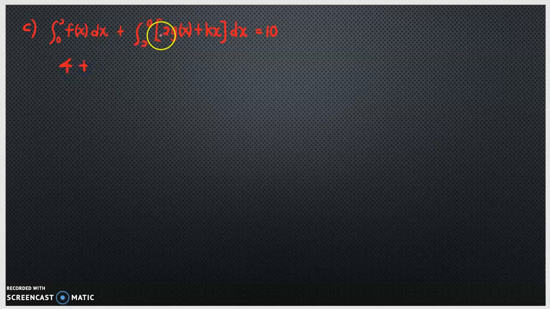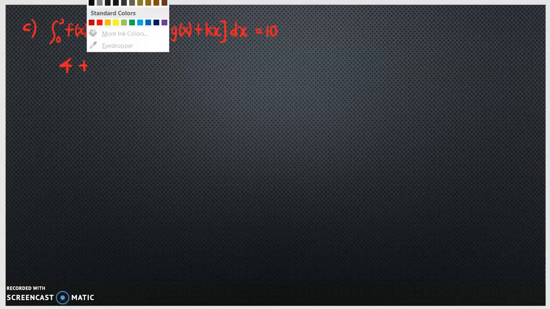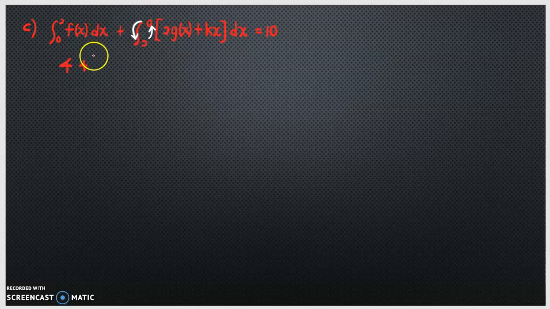Plus, next, I will interchange this value. So what I need to do is, now here will become negative. Integrate from 0 to 2 for a function 2g(x) plus kx is equals to 10.